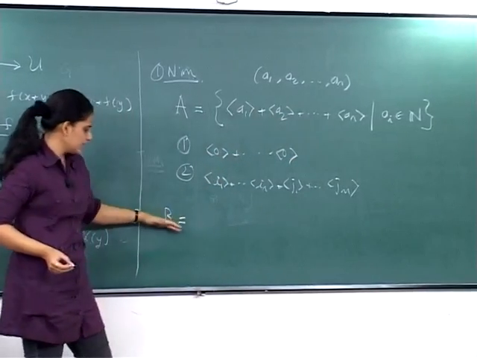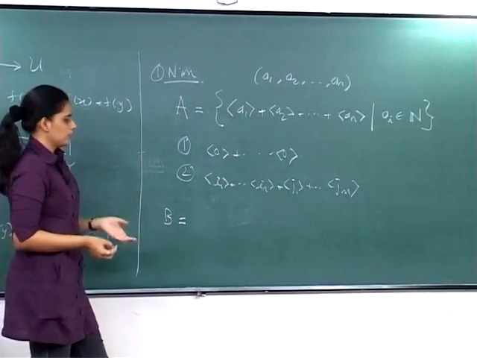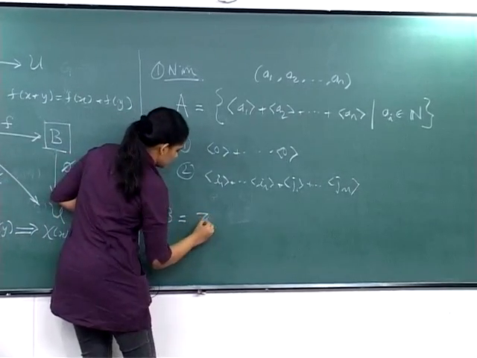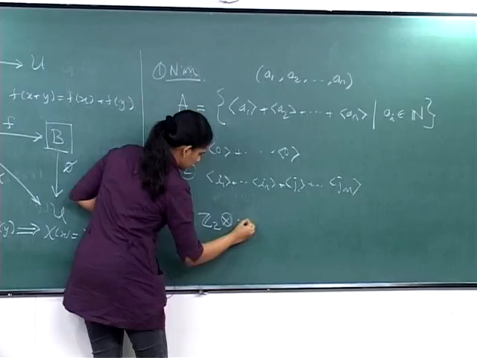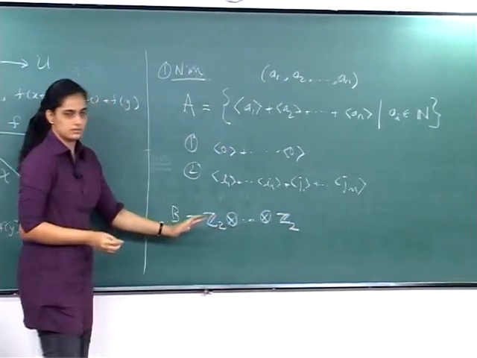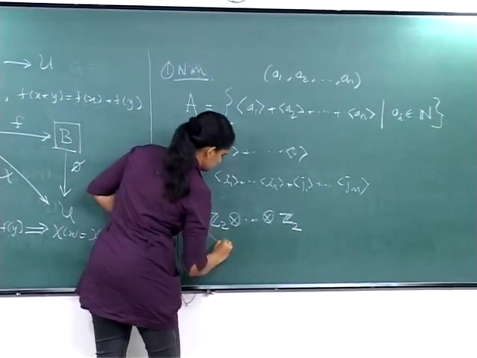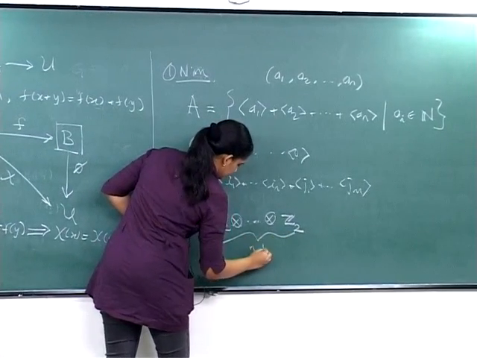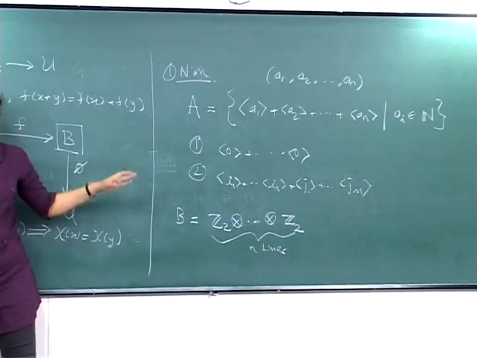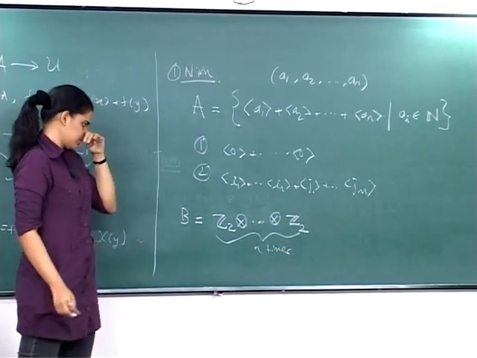So the set B is basically the set of all binary strings of length n. We can say B is the Cartesian product of Z2, n times. So B consists of all binary strings of length n.